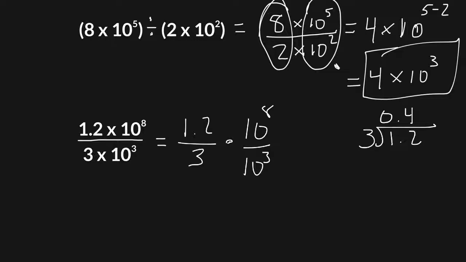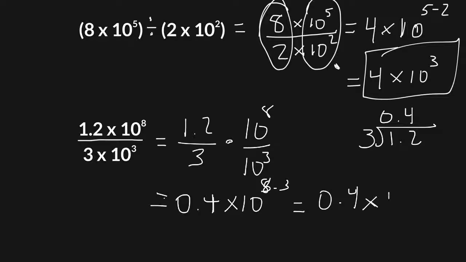So 1.2 divided by 3 is going to give me 0.4. And then I'd subtract the exponents: 8 minus 3, so we have 0.4 times 10 to the 5.